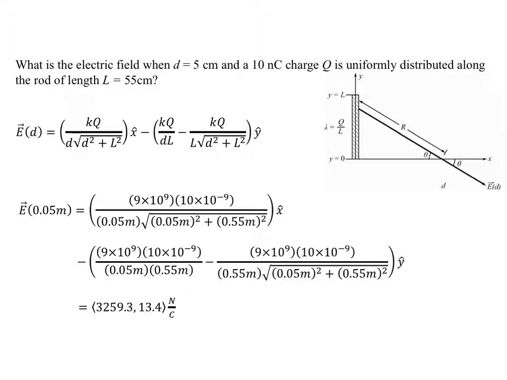All right. So this answer down here, we have a very large x component of the field and a very small y component of the field. If you were to do the magnitude, if you were to square those two things, add them and square root it, it would still be 3259.3. All that 13.4 does is change the hundredths place, which I'm not showing on here. And so in what context would that matter?